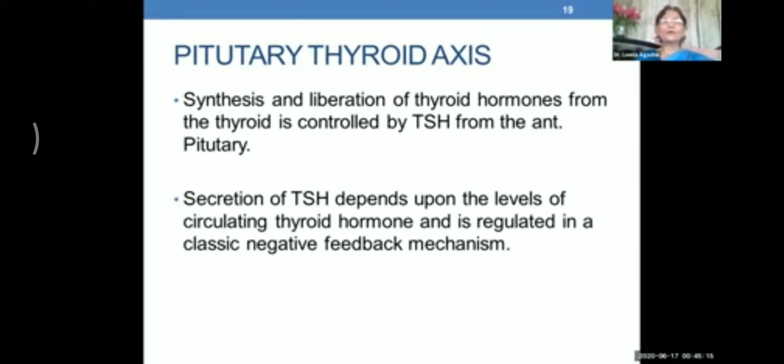There is a very well-known pituitary thyroid axis or negative feedback mechanism. Synthesis and liberation of thyroid hormones from the thyroid is controlled by TSH from the anterior pituitary. Secretion of TSH depends upon the levels of circulating thyroid hormone and is regulated in the classic negative feedback mechanism.